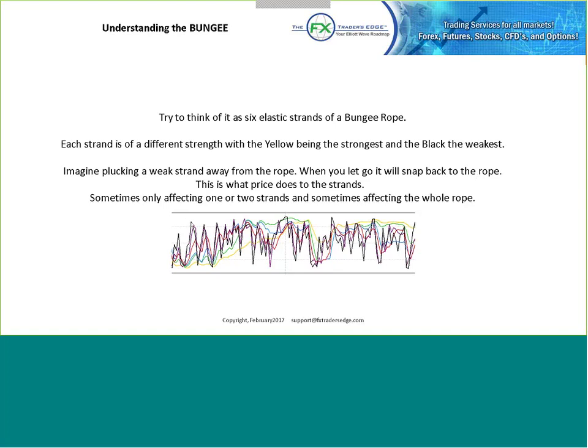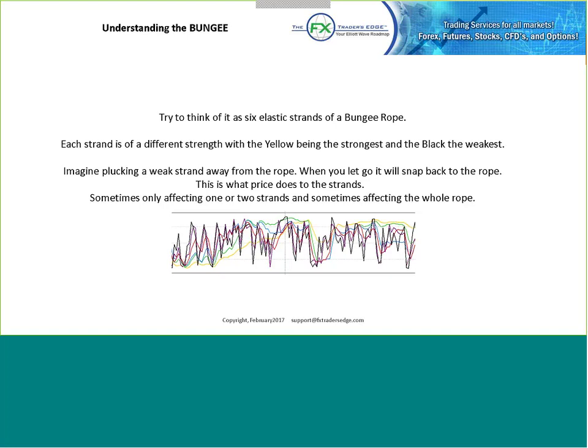So yes, you can see from this diagram at the bottom of just the bungee, we would expect a small move in price to be pulling the black bungee away, a retrace down, a continuation higher that's beginning to pull the red one away, a snapback down, a continuation again.